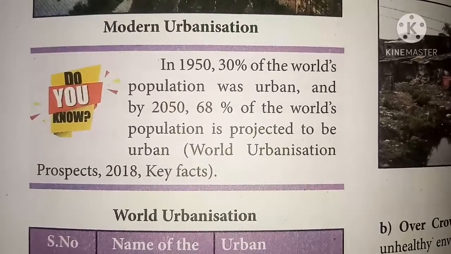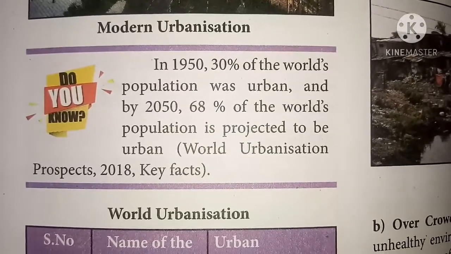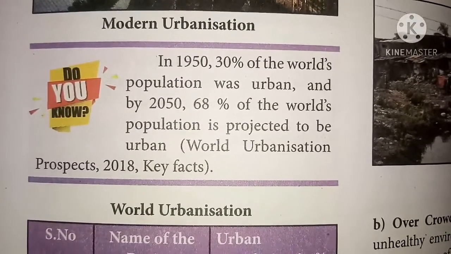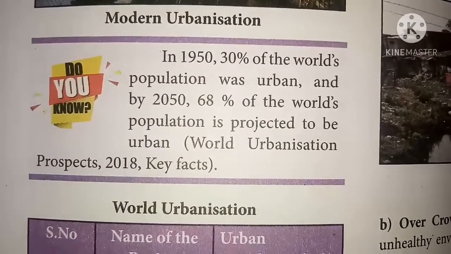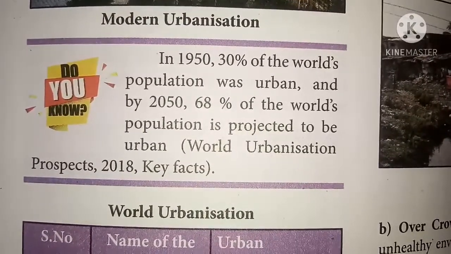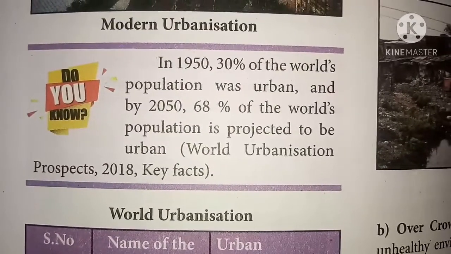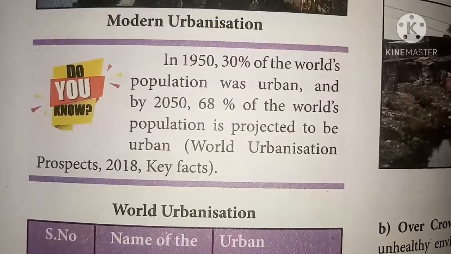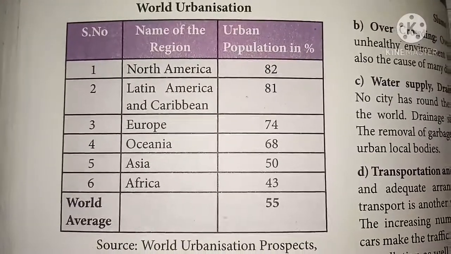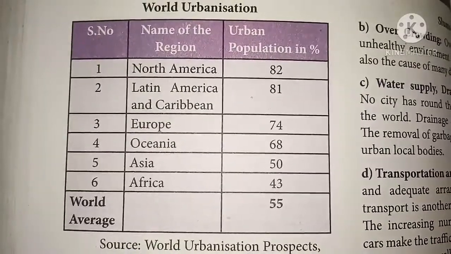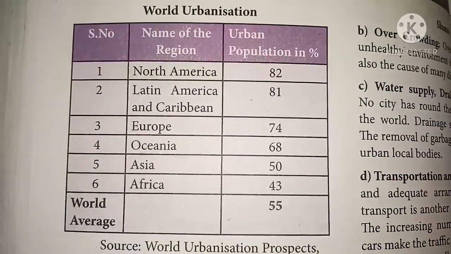World Urbanization Prospects 2018 Key Facts. In 1950, 30% of the world's population was urban, and by 2050, 68% of the world's population is projected to be urban. World urbanization by region, urban population in percentage: North America, 82%.